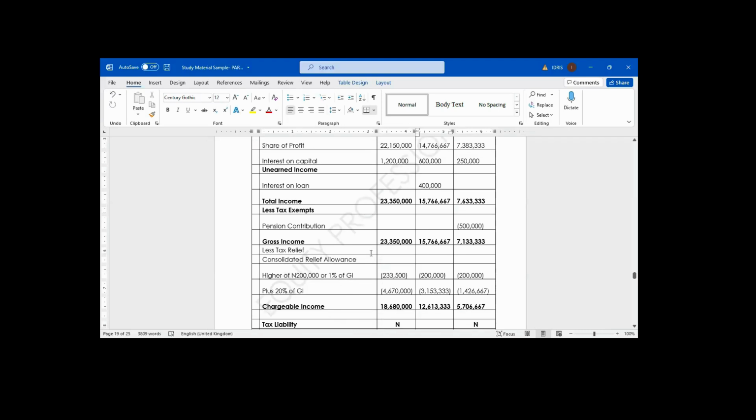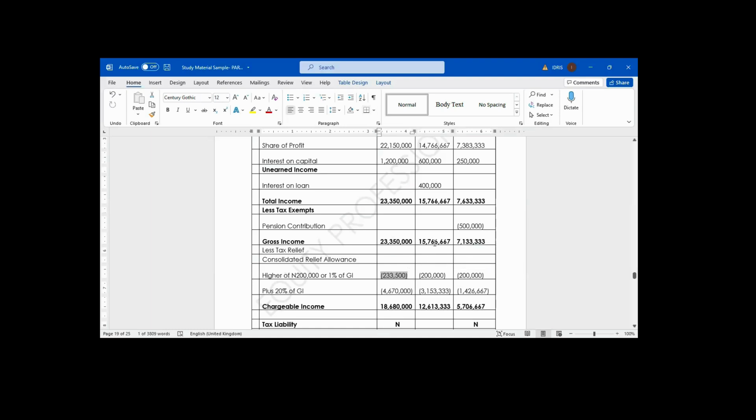For Muiwa, look at his gross income, 23,350,000. 1% of it is 233,500. Is it higher than 200,000? Yes, sir. That means we are going to take that 1%. You can see that is the one I highlighted.